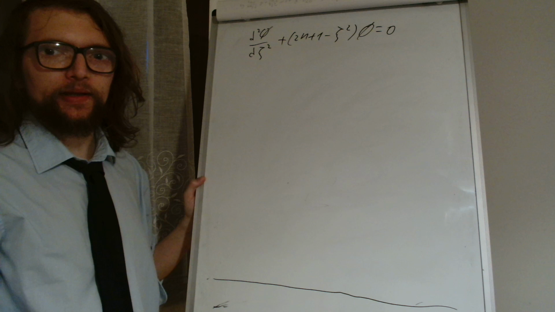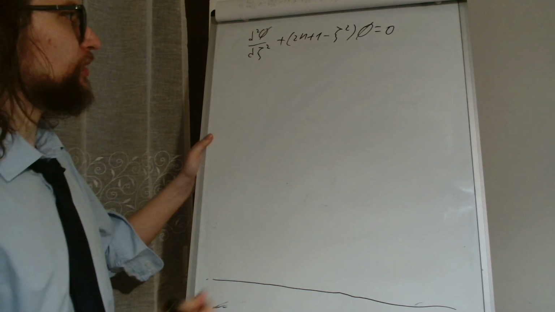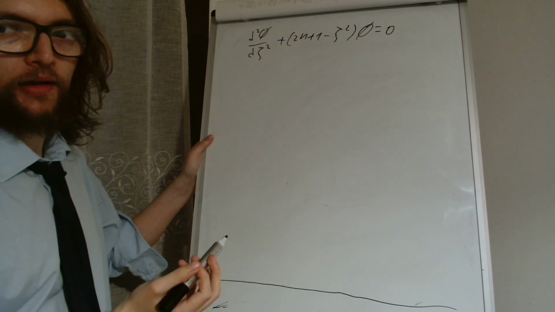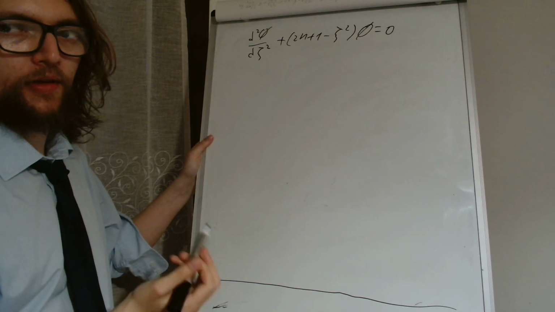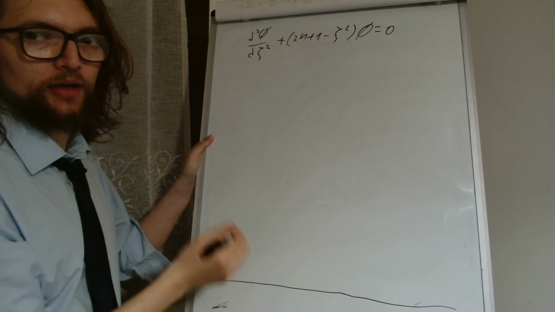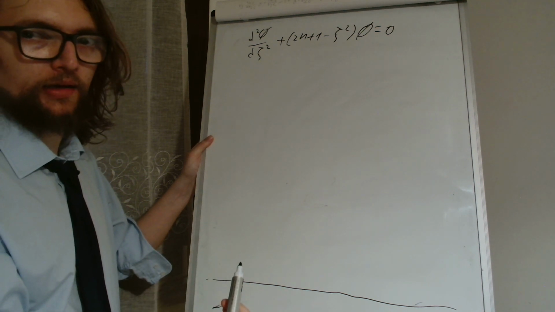Now all this was mathematics. Now comes the physical consideration. Not all the solutions to this equation, in fact, have a physical meaning. Most of the solutions to this equation are not interesting because they make no sense physically.